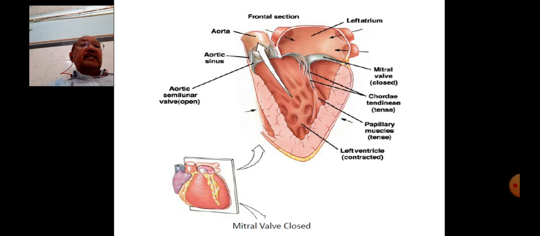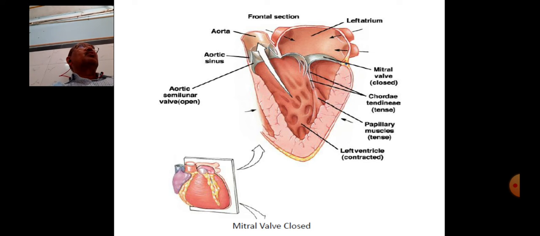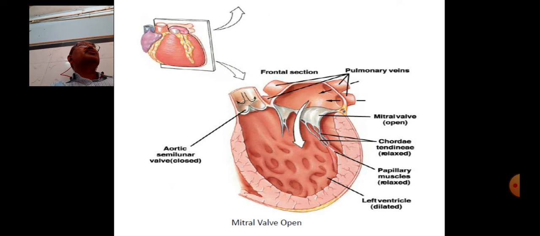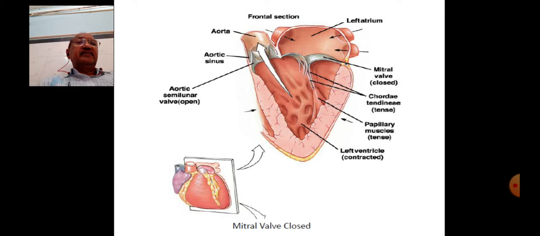So mitral annular ring, mitral leaflets, chordae tendineae, papillary muscles, and left ventricular myocardium. This all constitutes mitral valve apparatus, and any component of it is not working appropriately will result in mitral regurgitation.